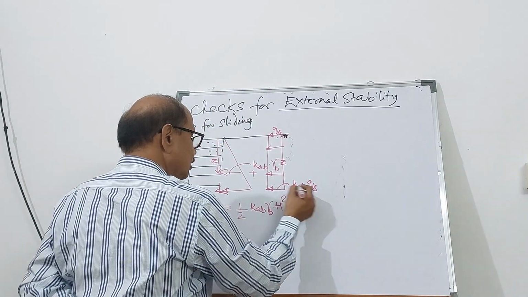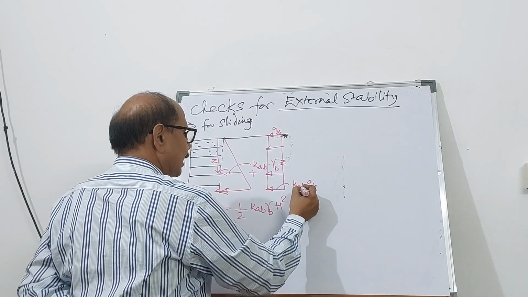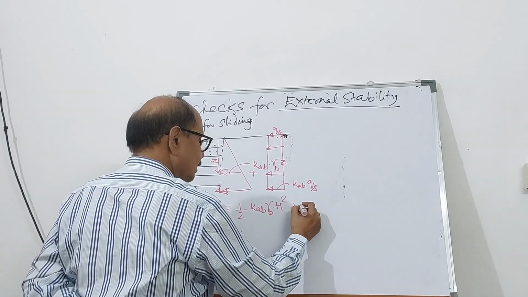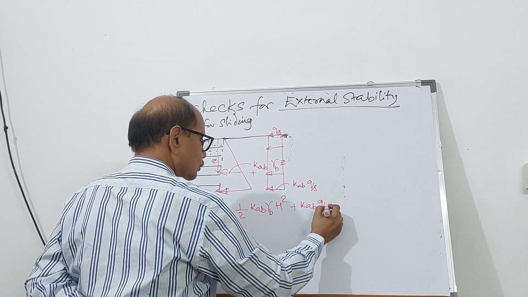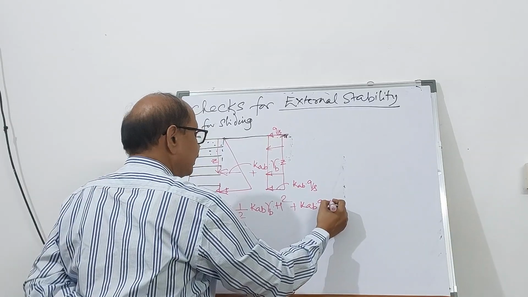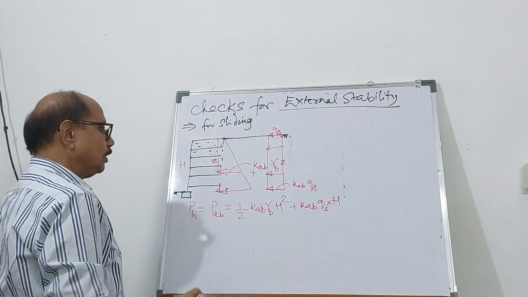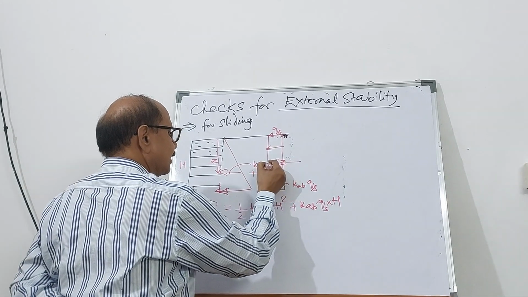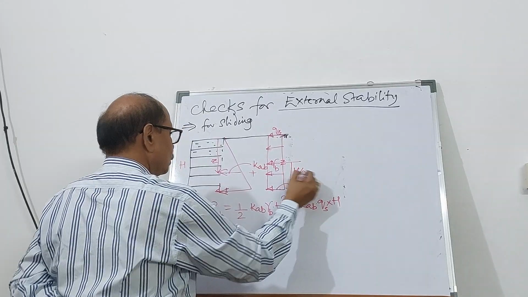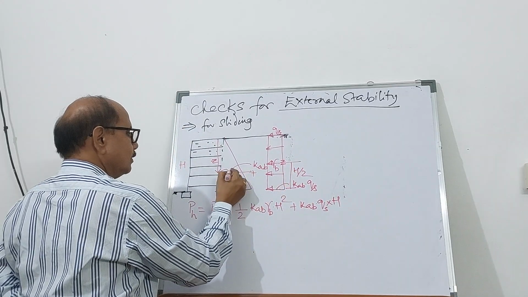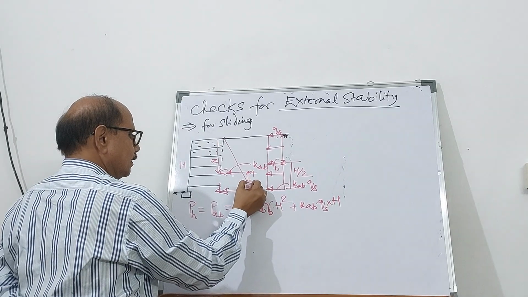So this will be KAB QS multiplied by H. This will be acting at H by 2, and this will be acting at H by 3, triangular.